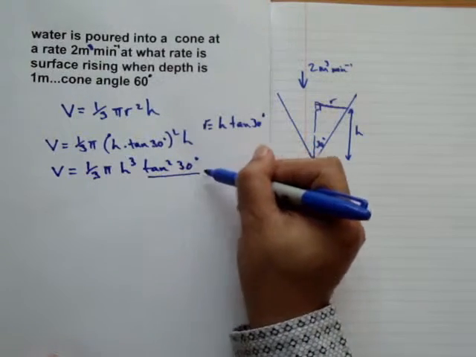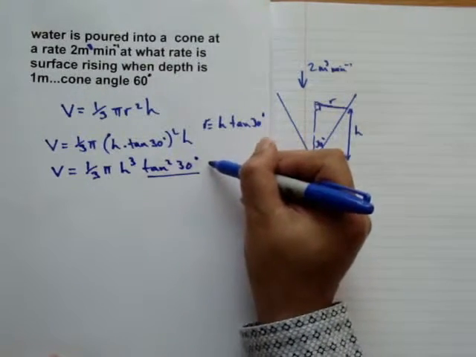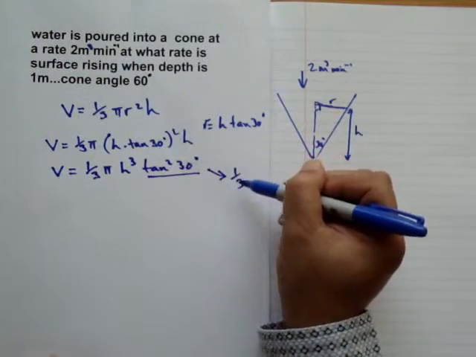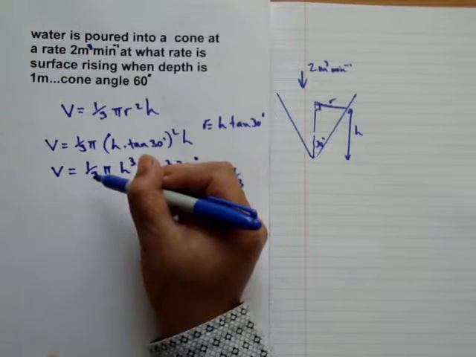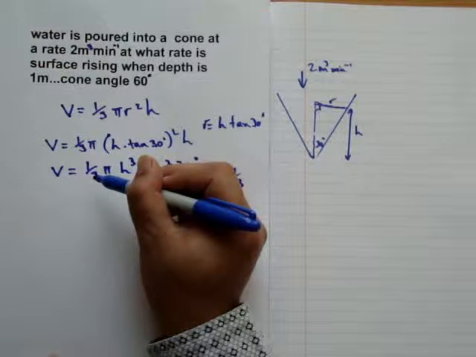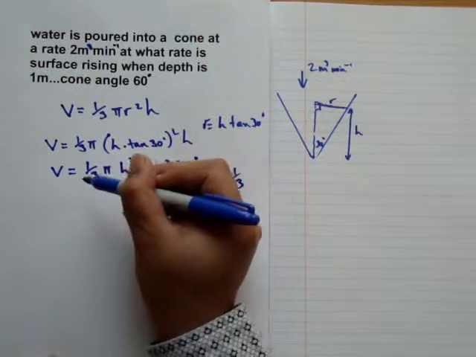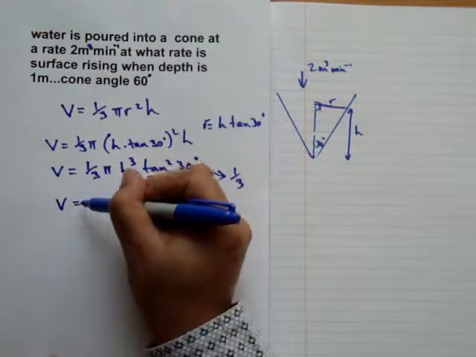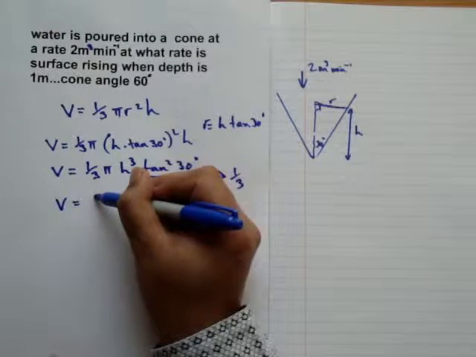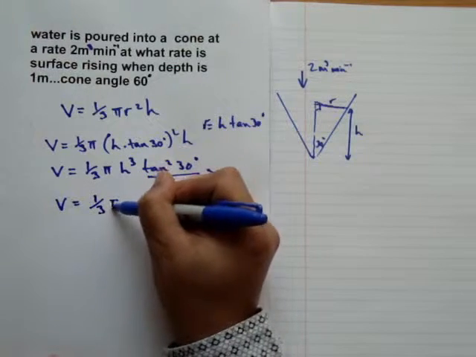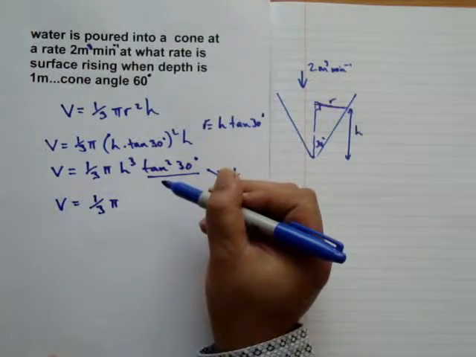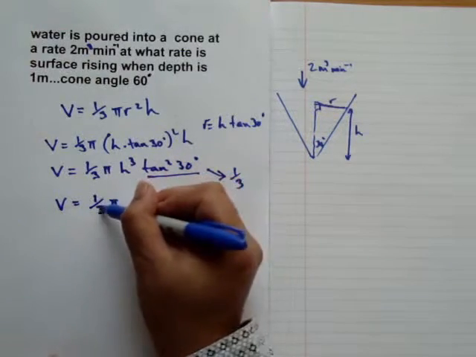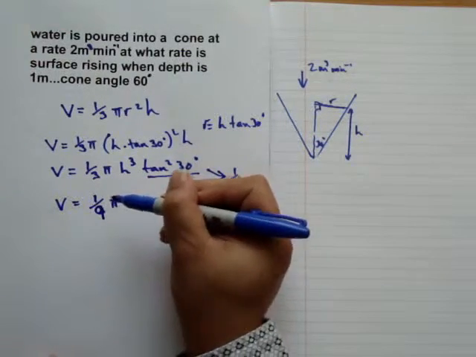Tan squared 30 degrees is 1/3. So this becomes 1/3 times a third, 1/9 pi.